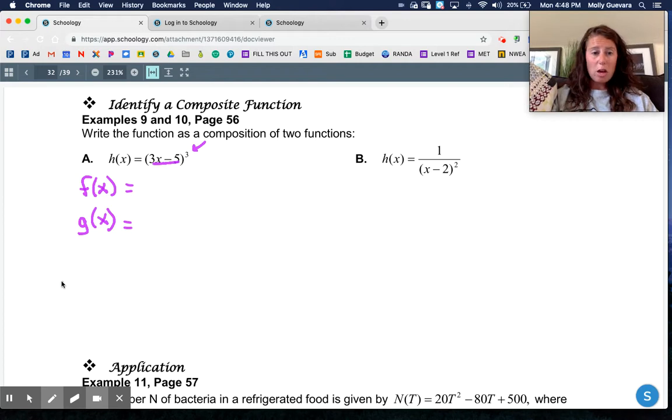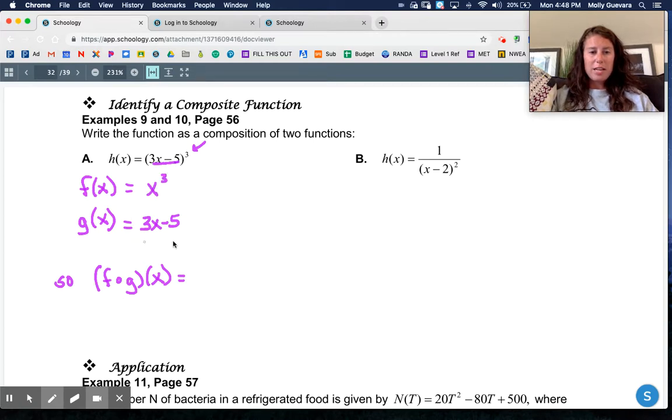If I want f with g, let's just say, it doesn't say exactly, but let's just go. That means I'm going to take g and I'm going to plug it in for f. Okay, well, if g is 3x minus 5, and I'm going to take that and plug it into f, to get this, f would have to be x cubed, right?